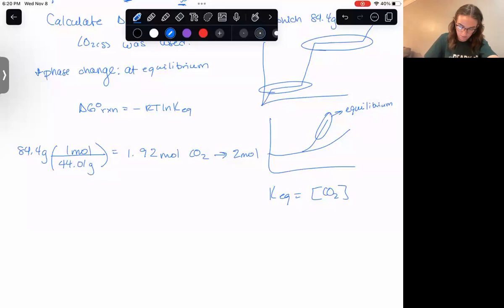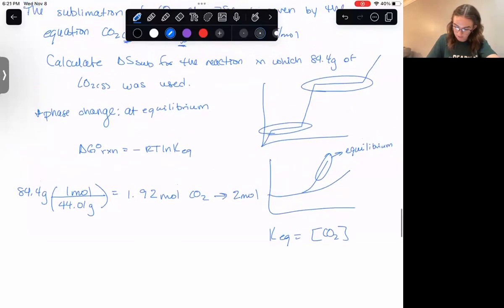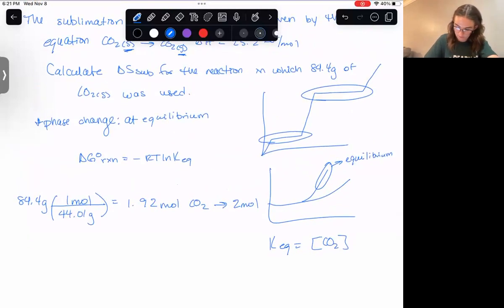What would that do? Okay, so if we do that, we get that. And then we have negative.